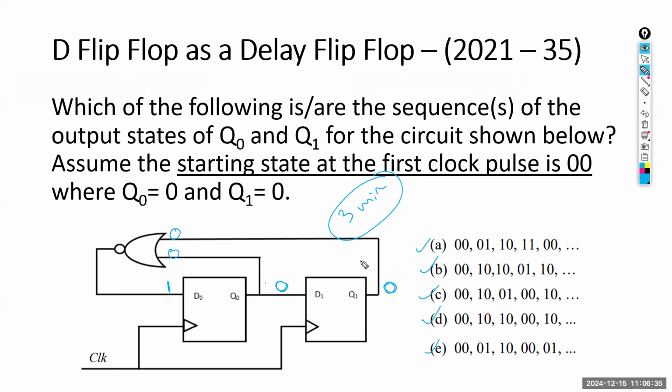From that point onwards, think about the next clock pulse. What is the next output? Then for the next clock pulse, and the next, what happens? You start at Q0 is 0, Q1 is 0.